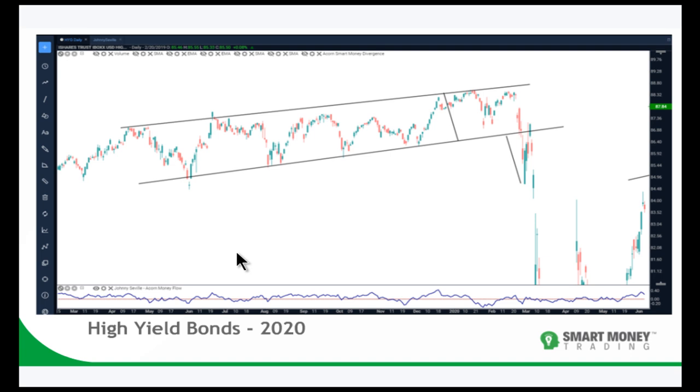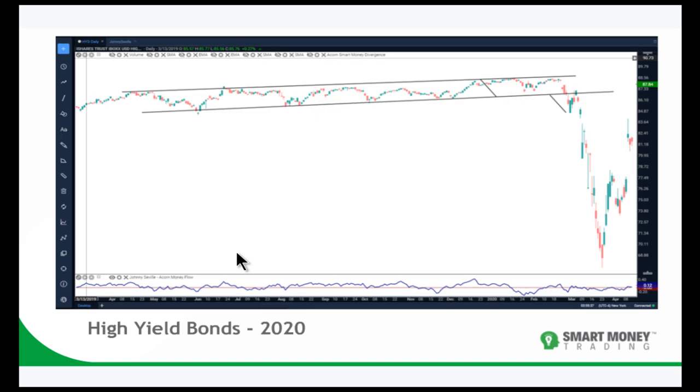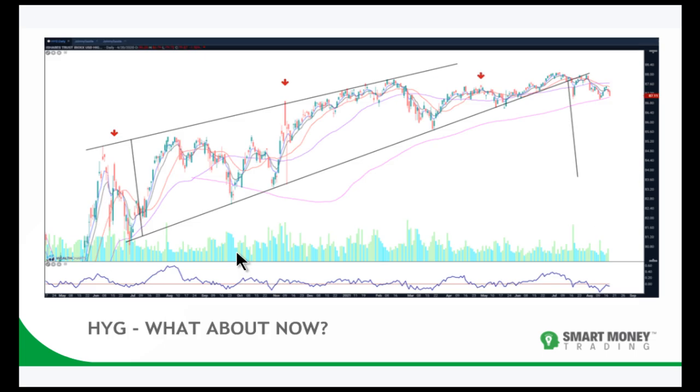They're quite nasty, and here's why. There's high yield bonds in 2020, top of an upward channel. We broke down, and it got much worse very quickly. As you can see, we declined steeply, and that is the warning that we're getting now.